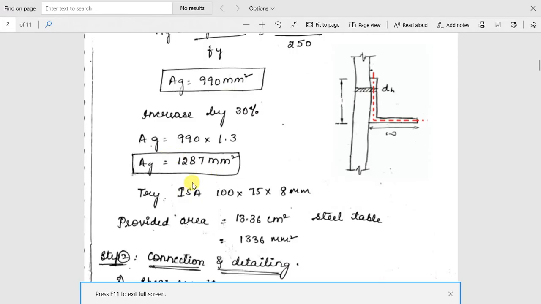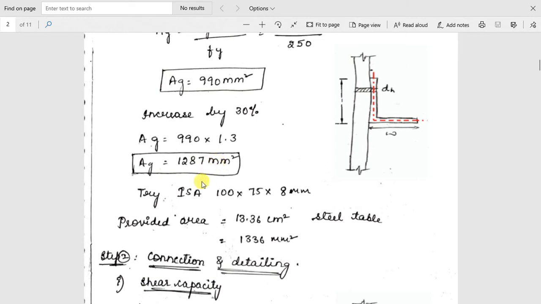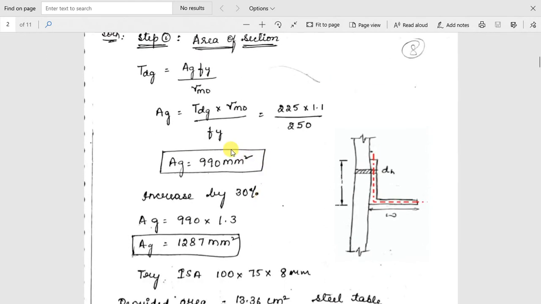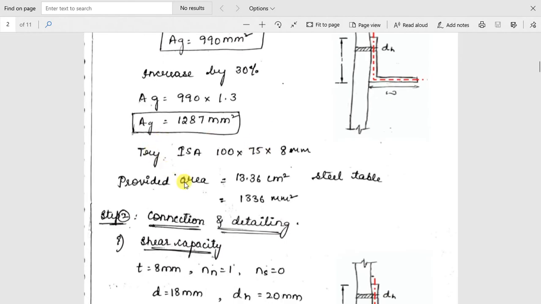So the required area was 1287 mm square. So I will be choosing 175x8, unequal angle. So the provided area will be 1336 mm square. So we are done with the first step, that is finding out the area required for the section we are going to design. So we will be going with ISA 175x8 mm angle, which is an unequal angle.